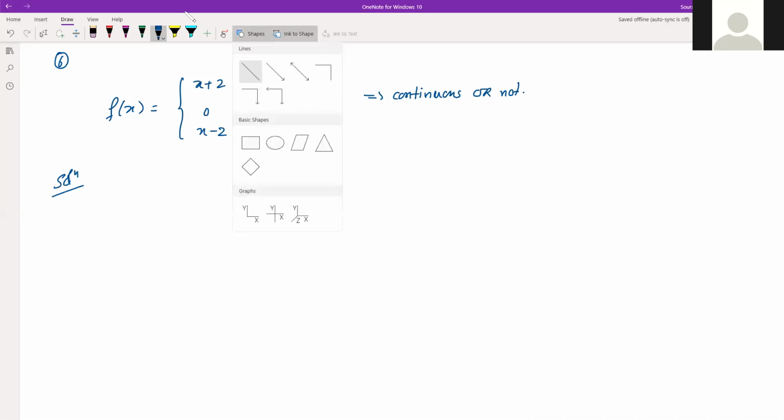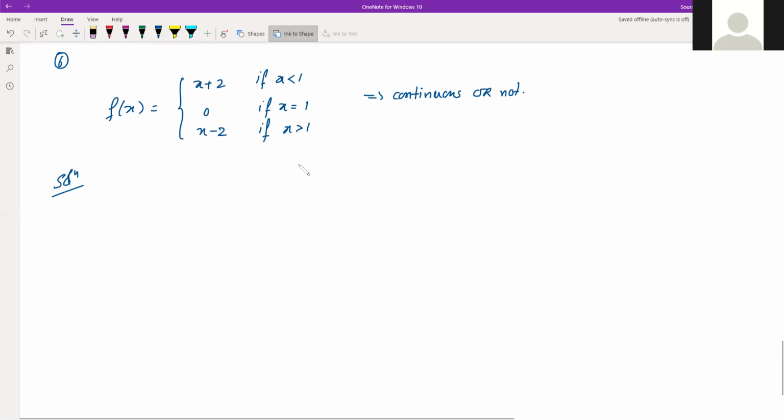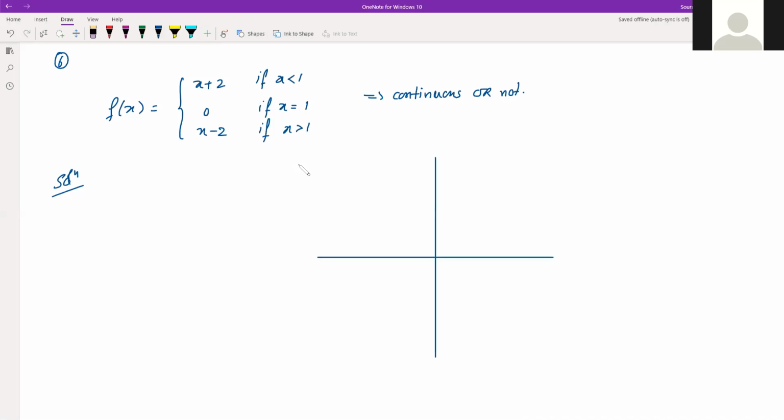How will the graph look like? At x equals 1, it is 0. And before x equals 1, it is x plus 2.